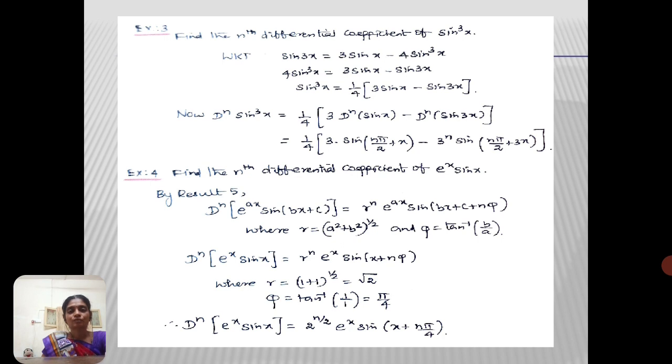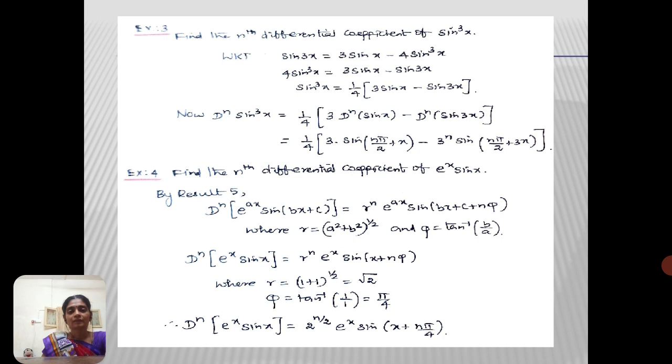Then example 4, we have to find the nth differential coefficient of e power x into sin x. For this problem, we have to use result 5, that is d power n of e power ax sin(bx plus c) is r power n e power ax sin(bx plus c plus n phi).